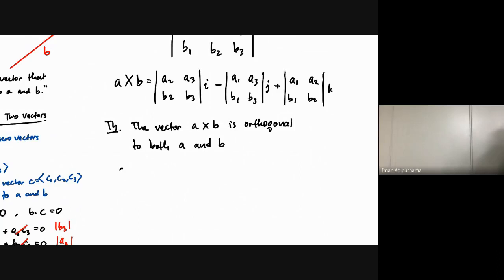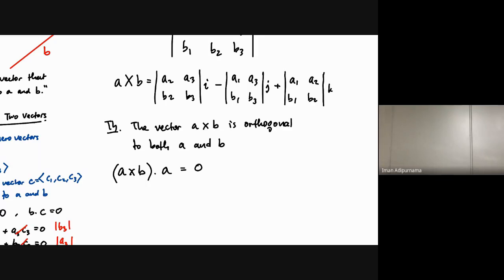We can compute the A cross B through our definition with the order of 3 determinants. We can compute this, and then we can dot with A or dot with B. It should be 0. You can try by yourself.